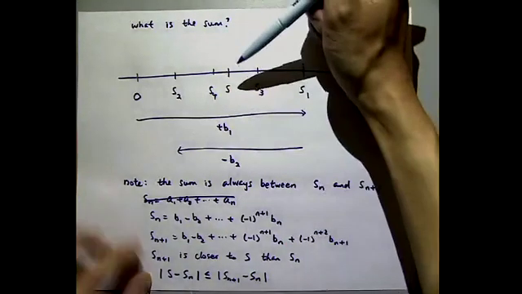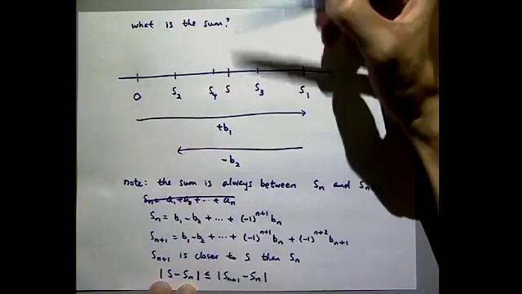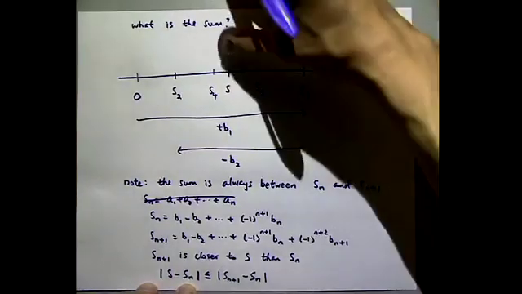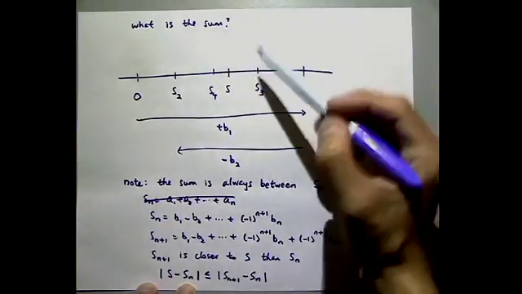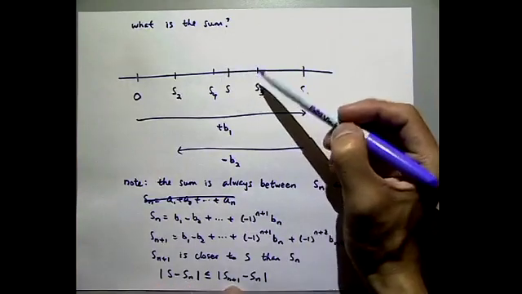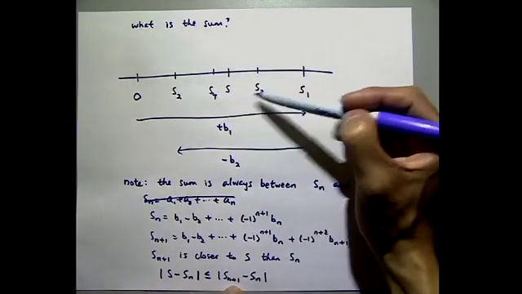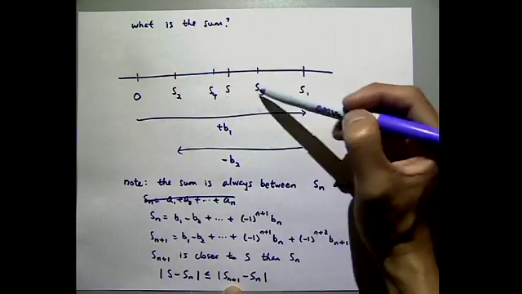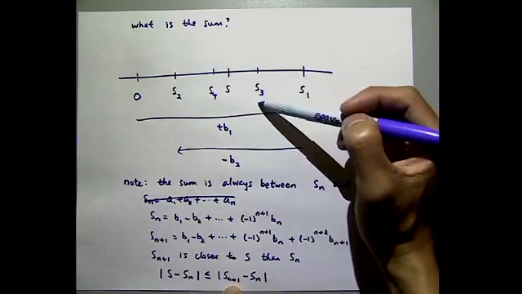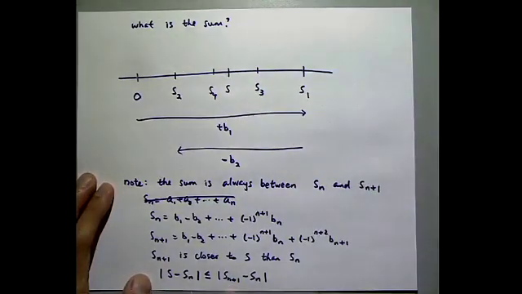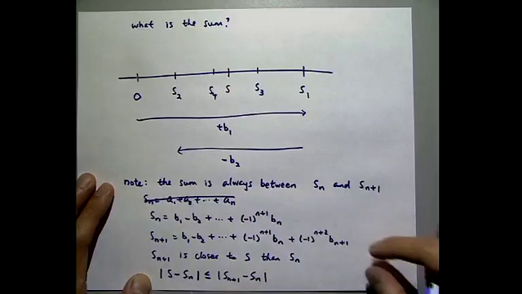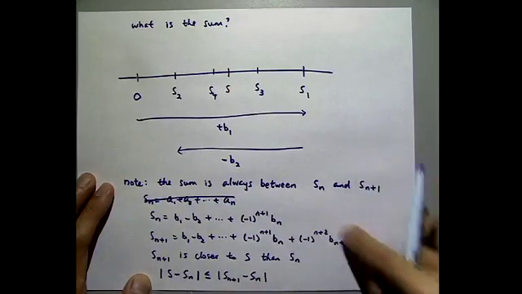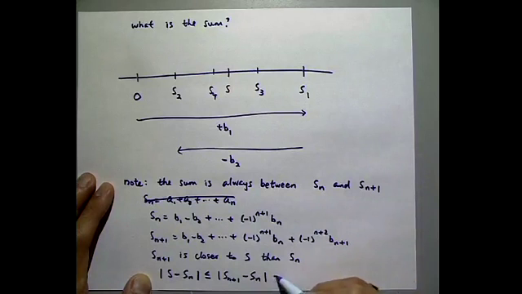So once again, imagine n is equal to 3. The difference between this and that is smaller than the difference between that and that. See that? Yep. And the difference between these two is that extra term we added on there, and that's going to be b sub n plus 1.